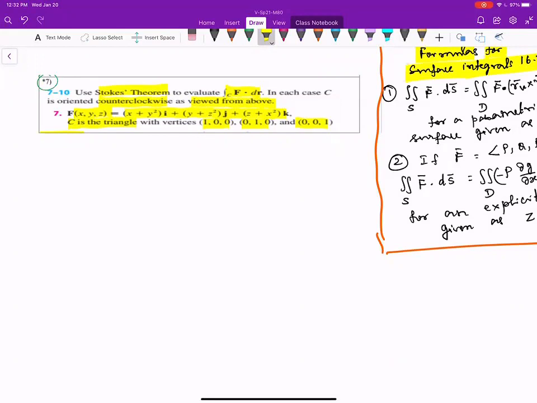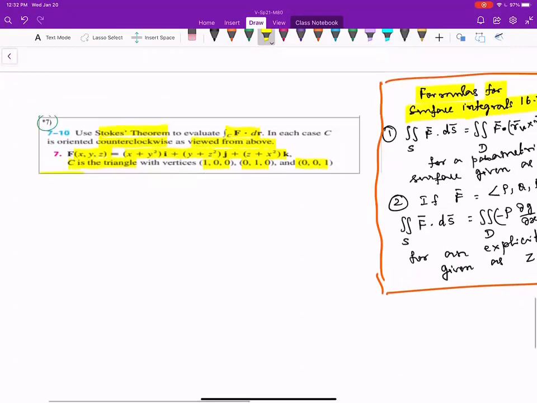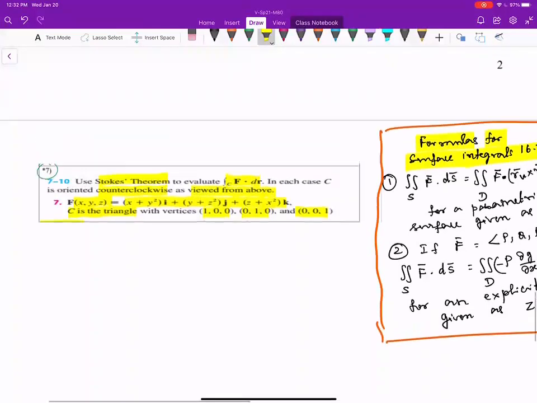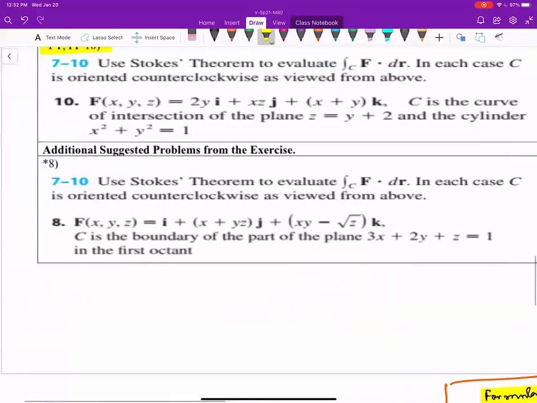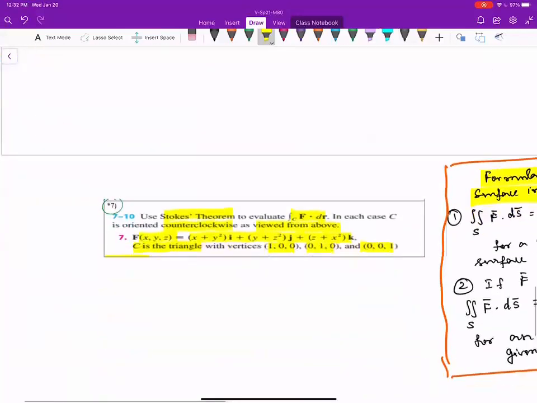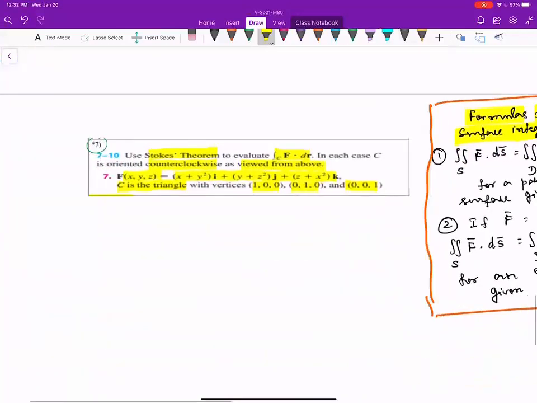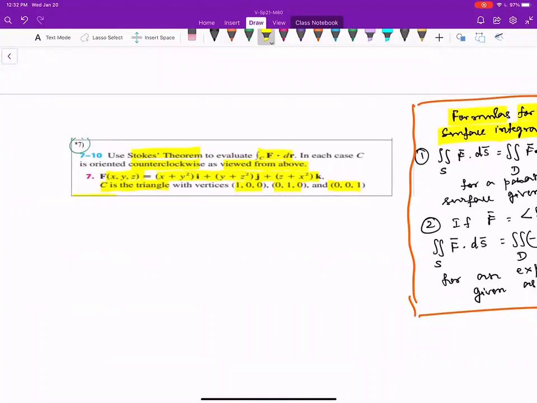So that part is harder. Whenever the problem tells you to use Stokes theorem and evaluate one side of Stokes theorem, either the line integral or the surface integral part, whichever they ask you to do, that part will be harder.